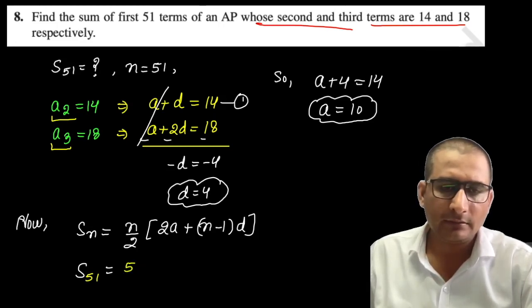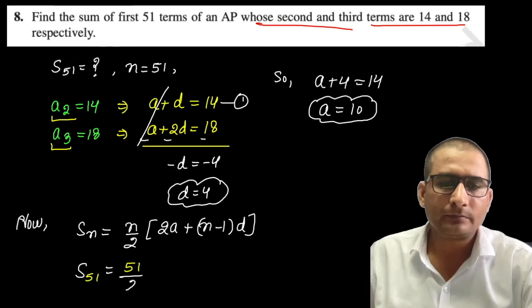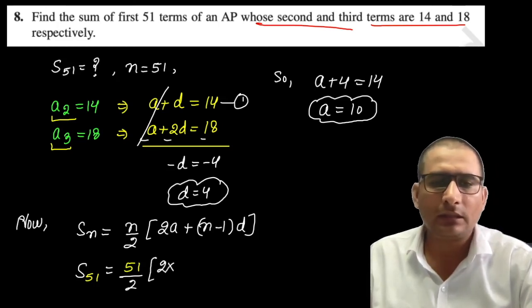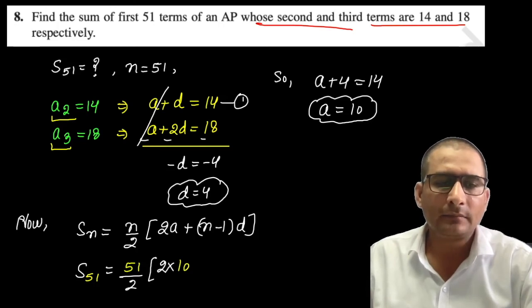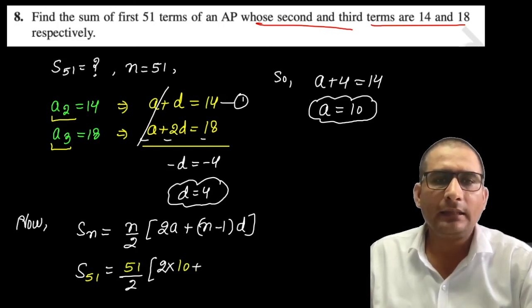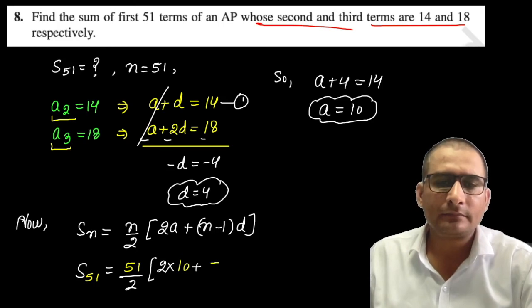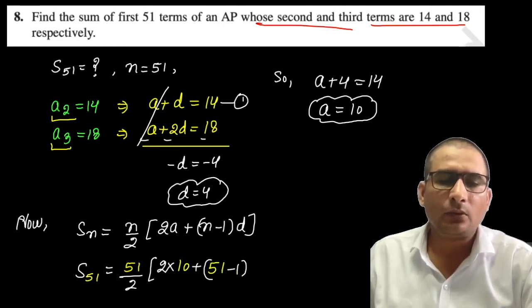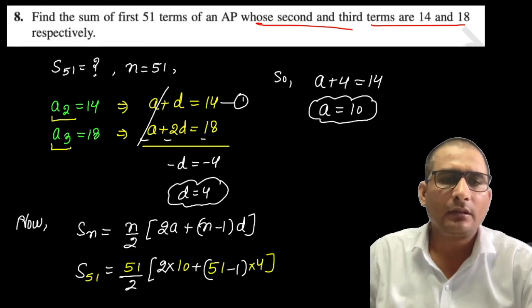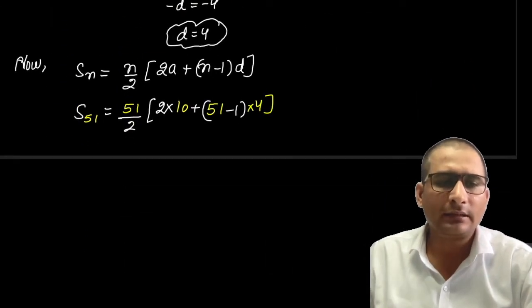It's 51 by 2. 2 a की जगह पे रखेंगे. A हमने find out किया 10. Then plus n is 51. 51 minus 1 into d. D हमने find out किया is 4. Right. Now solve it further. Then we will get the answer.